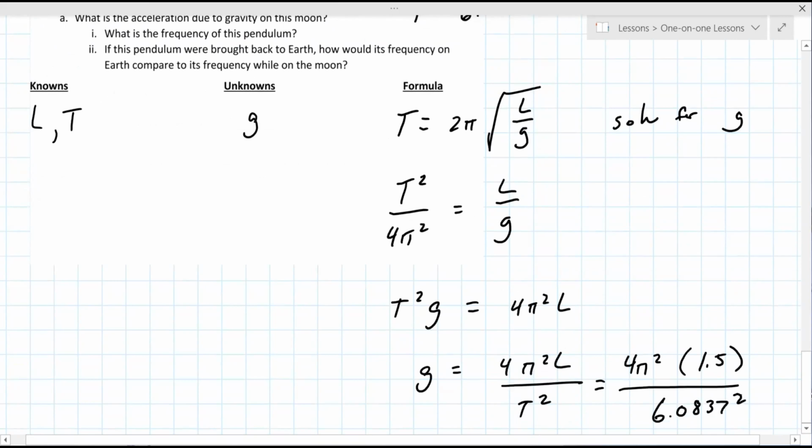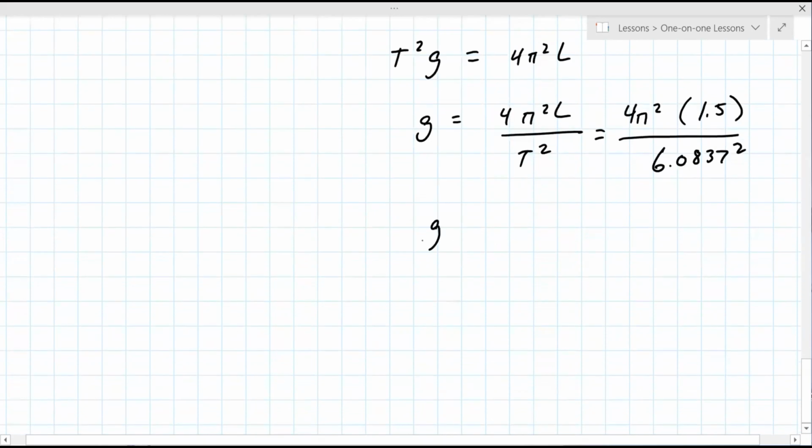Okay, and just punch that into the calculator and get a number here. 4 times pi squared times 1.5 divided by 6.0837 squared. It's about 1.6. You're supposed to do a units analysis, but it's meters per second squared. G is the same as acceleration. So that's part I.